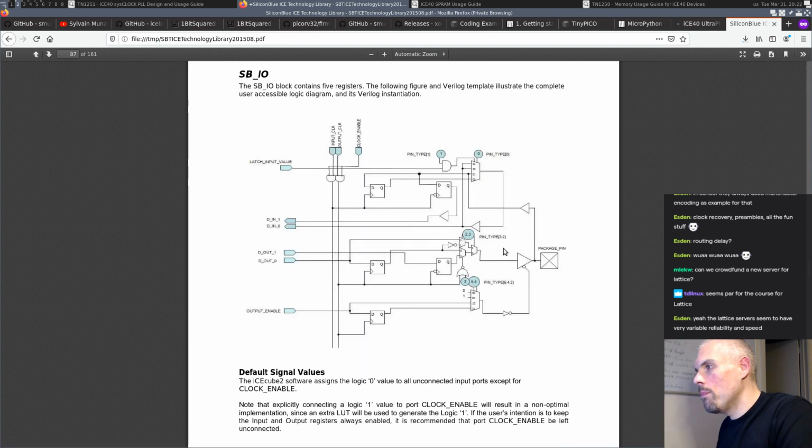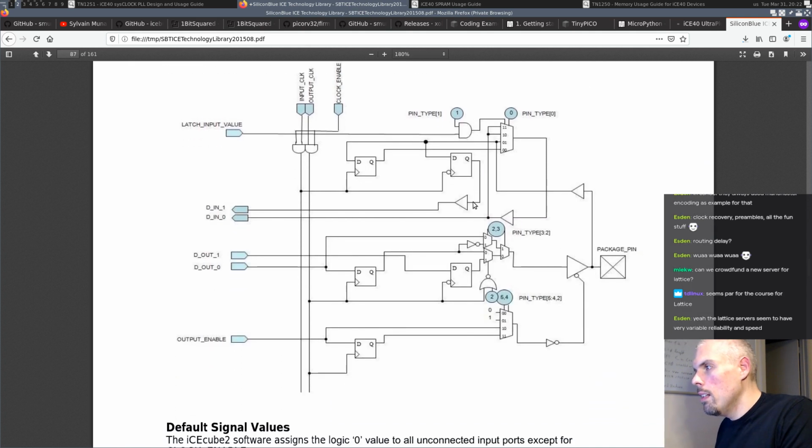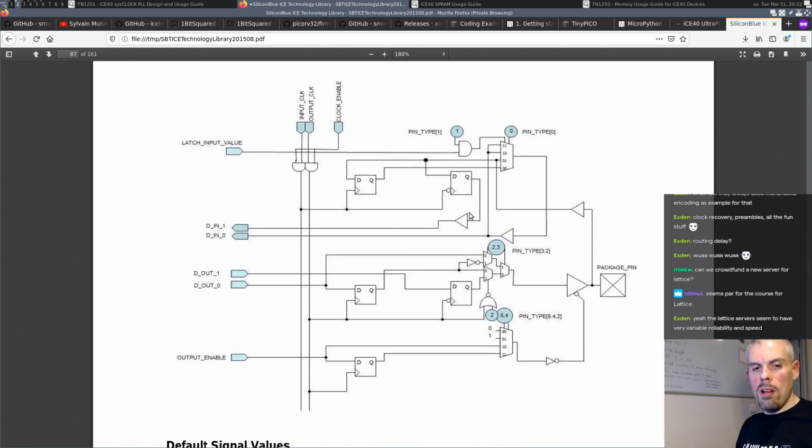SBIO. Okay, so that's the schematic for the I/O block of the iCE40, and as you can see, there are actually built-in flip-flops for the input path. These two flip-flops are used to capture data from the outside to the inside. You can see the paths here.